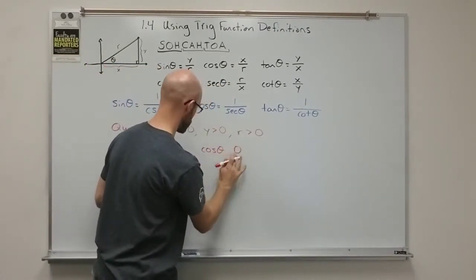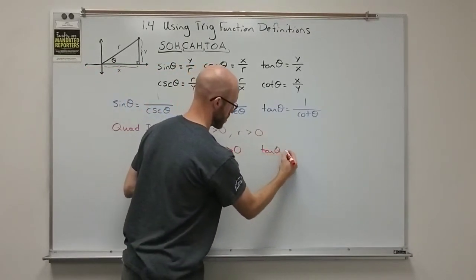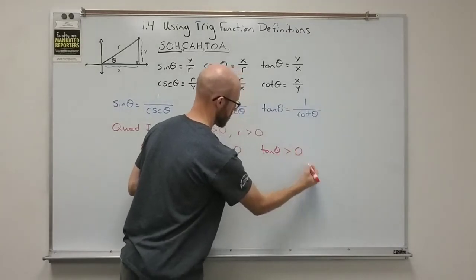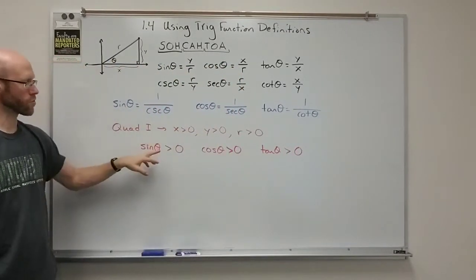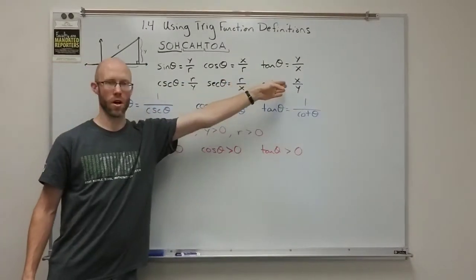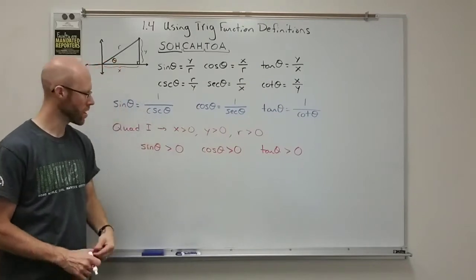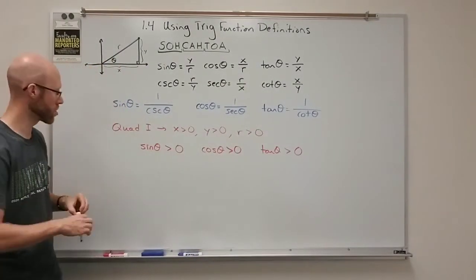Oh, not equal, it's going to be greater. And same with the tangent, because the x and the y are both positive, okay? And of course, when we take the reciprocal of a positive, you get a positive, so all of those other 3 functions are positive. Now, if we move to the next quadrant, let's take a look at quadrant 2.